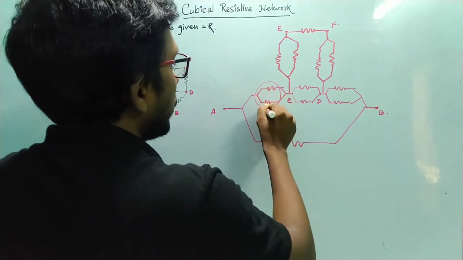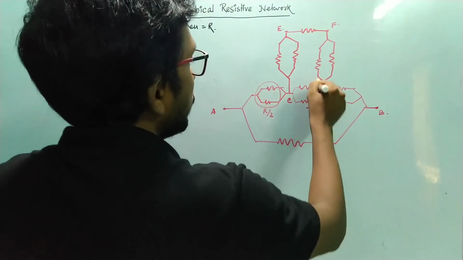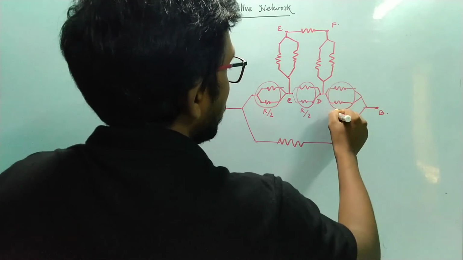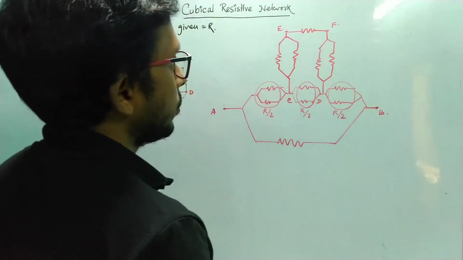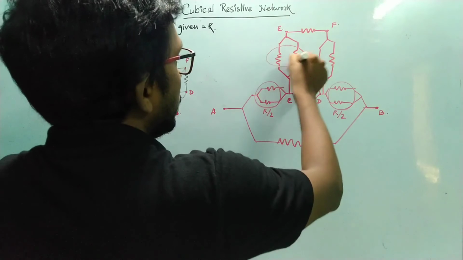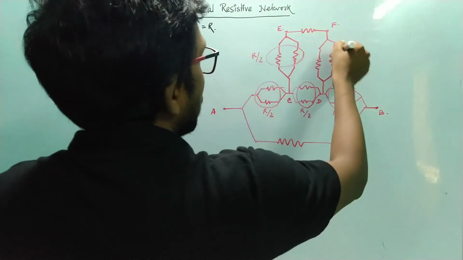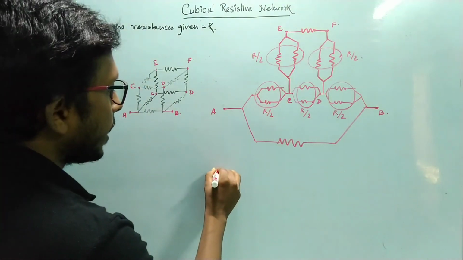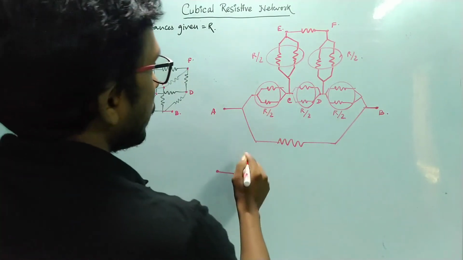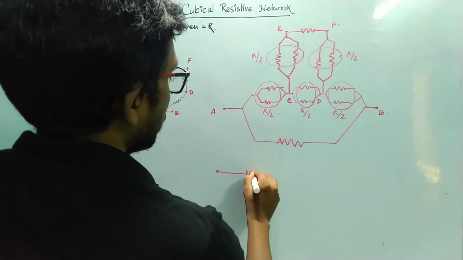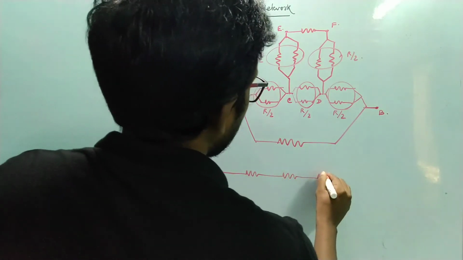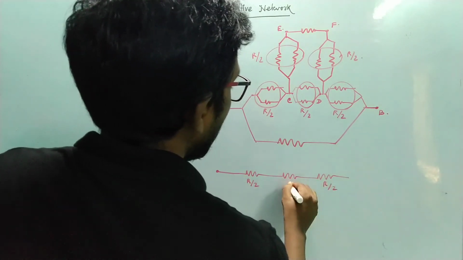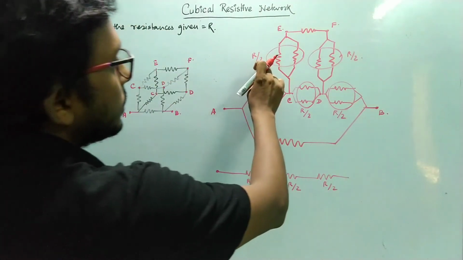For these 2, I get R by 2, and for this R by 2, and between the D and B terminals, it's equal to R by 2. So the circuit is simplified as R by 2, R by 2, R by 2, and this R by 2.